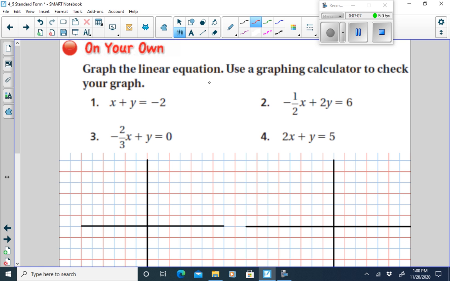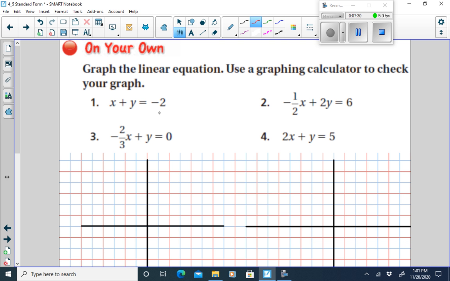Well, we're not going to use the graphing calculator, but here's what we have to understand. We want to be efficient math students. So if an equation is written in standard form, it's probably easier for us to use the x-intercepts and y-intercepts. If the equation is in slope-intercept form, then we use the slope and the y-intercept to graph it.